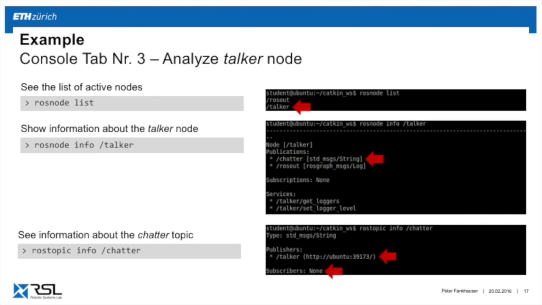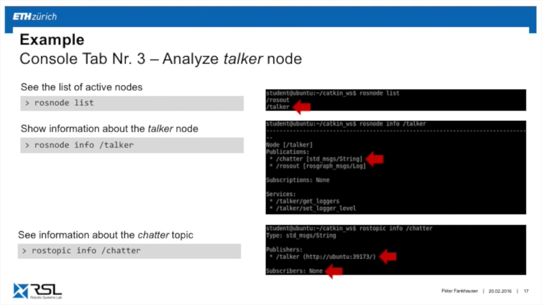Now, if you want to know more information about the talker node, you can type in rosnode info /talker, which is the name of your node. And then you'll see that you have the node talker, which publishes on the topic chatter of the type string.